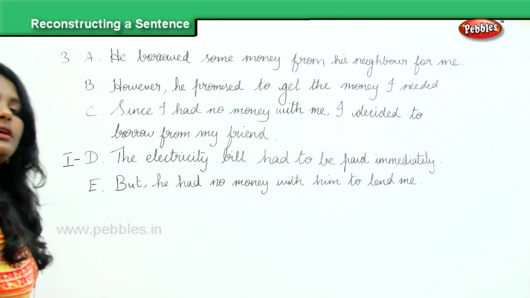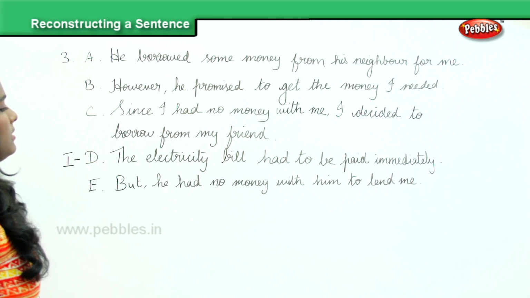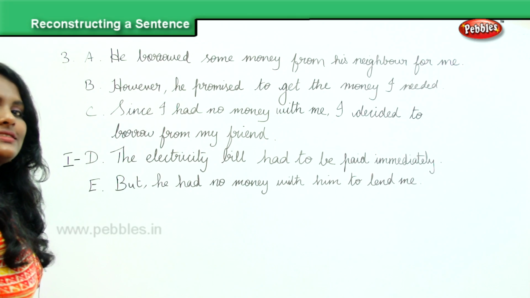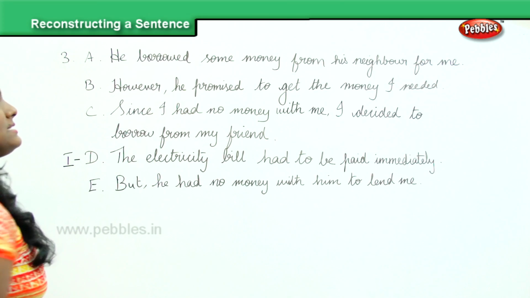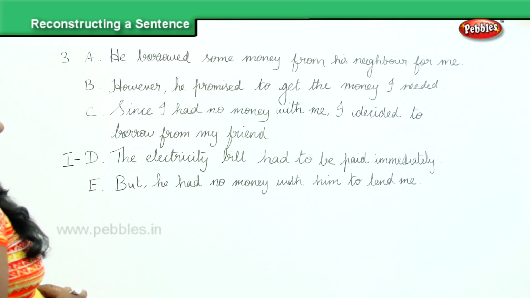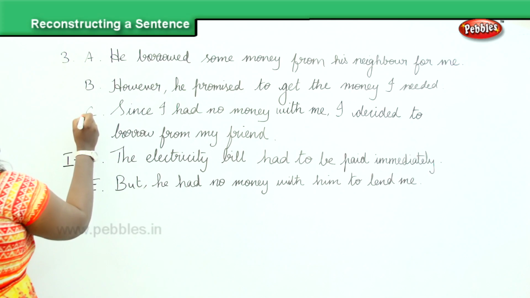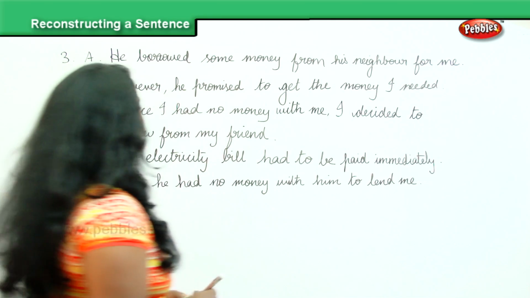Next, the bill had to be paid immediately. What's the next thing? What do you need to pay your bills? Money. But what happens? The person doesn't have money. Since I had no money with me, I decided to borrow from my friend. So this would be my second sentence.